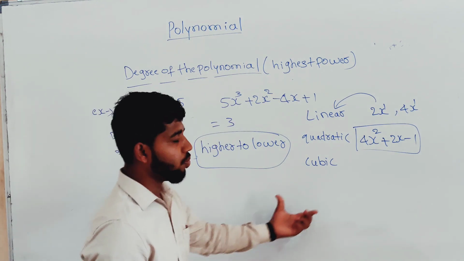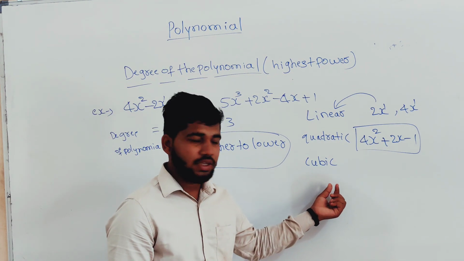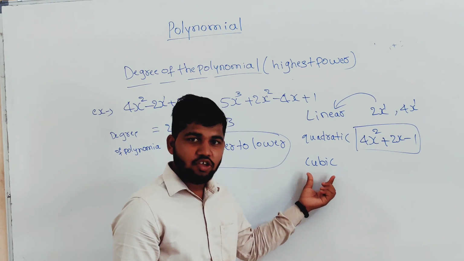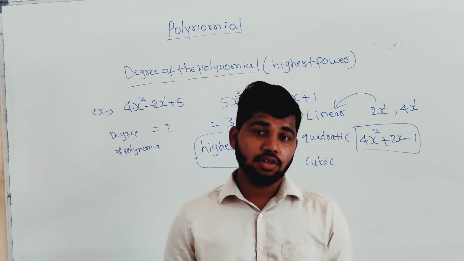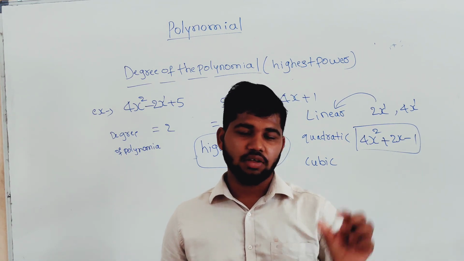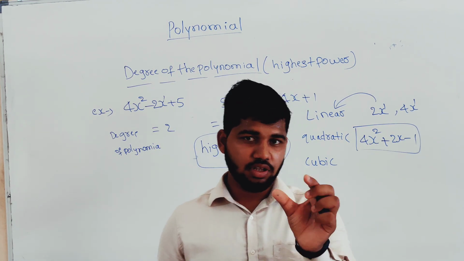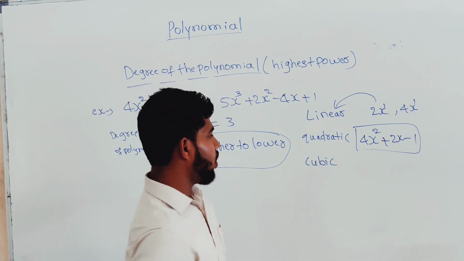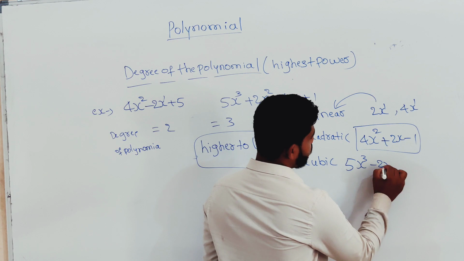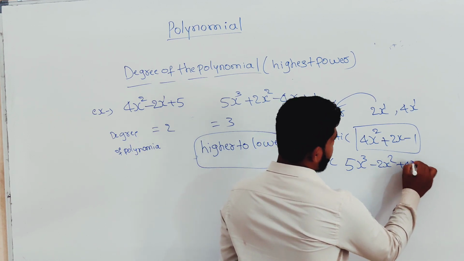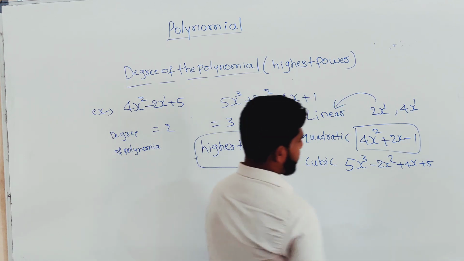Now coming to the cubic. By seeing the title, we can understand cube is 3. An expression whose highest power is 3 is said to be a cubic. Look at an example: 5x cubed minus 2x squared plus 4x plus 5.